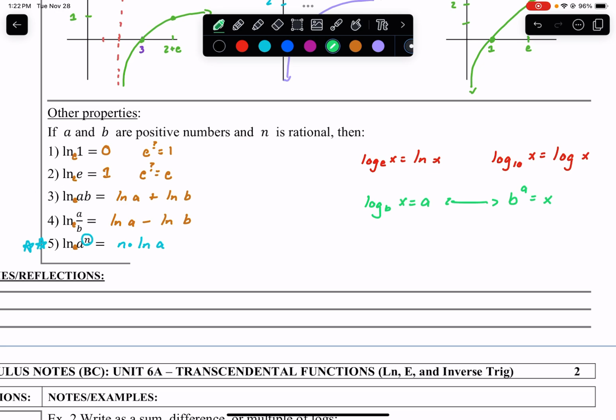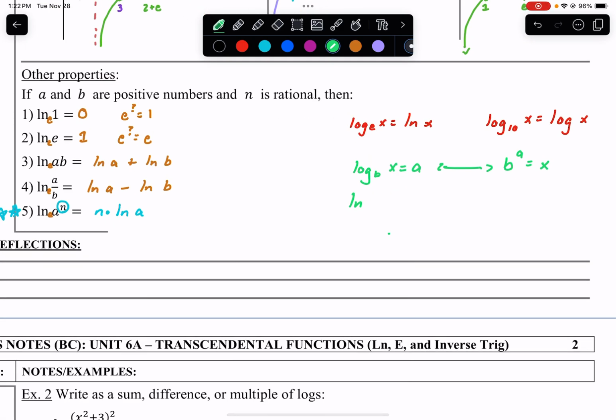So those are the same thing depending on what we're trying to find. We can also do ln of x. The base of a natural log is always e, so e to the y is equal to x. Just keep in mind that that is one way that we may end up manipulating some of these functions.